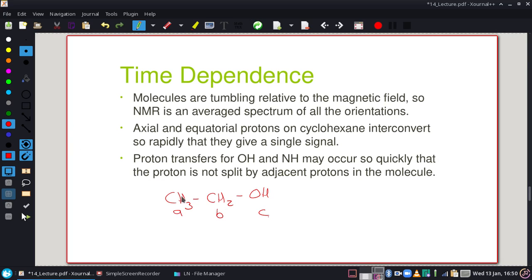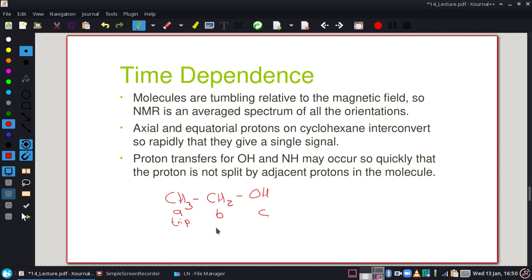And I would expect this one, because it's near these 2, to be a triplet. This middle one is going to get split by these 3 and this one. Since that's 4, it's going to make a pentuplet.